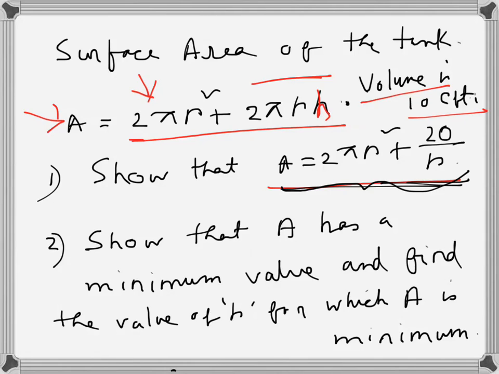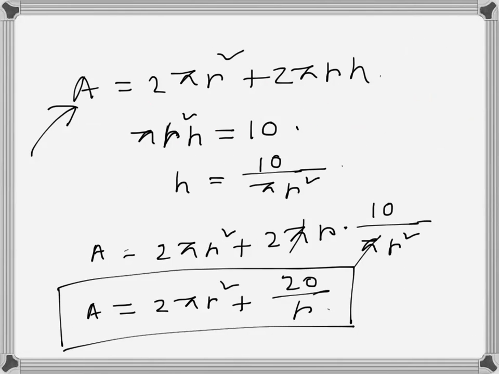Now we need to show that A has a minimum value, and for what value of r. It says show that A has a minimum value and find the value of r for which A is minimum. So let's first try to show whether A has a minimum value.